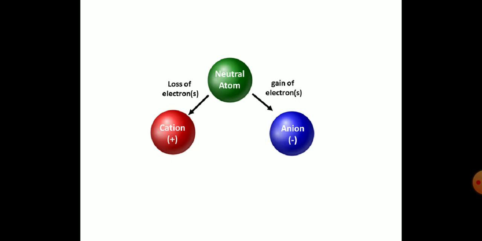So you are giving away the negative, so the atom will become positive. So that is why cation is positive. Now, when I accept more electrons, which we have already said are negatively charged particles, the atom will become negative. So that is called anion. We are going to discuss the properties.